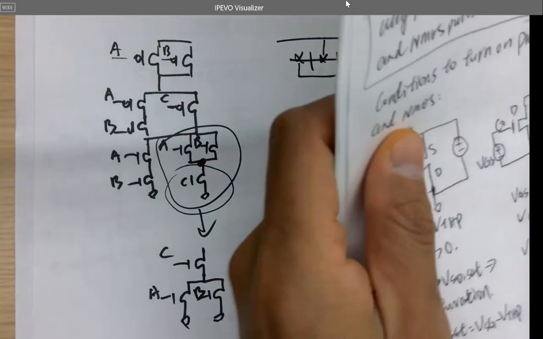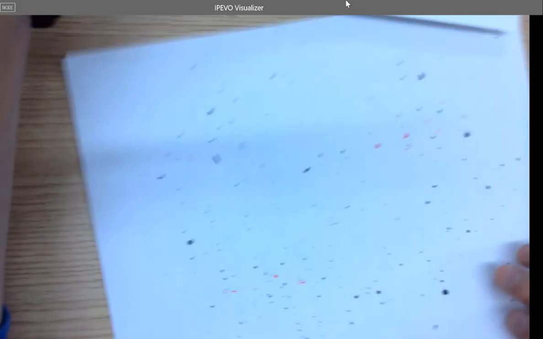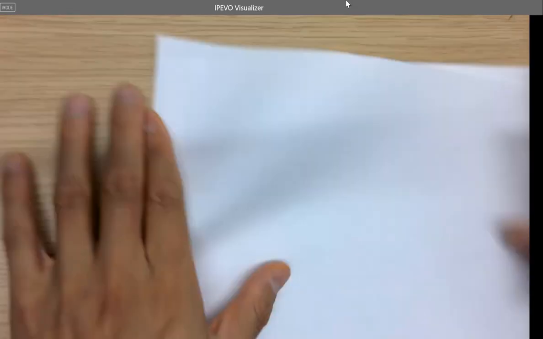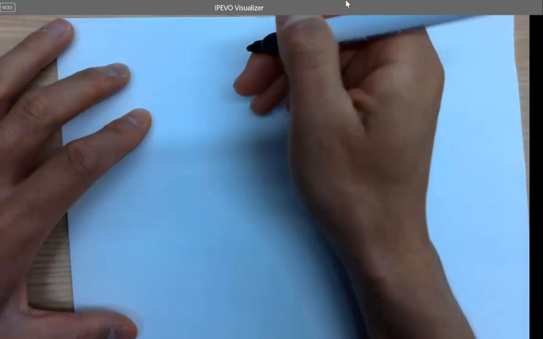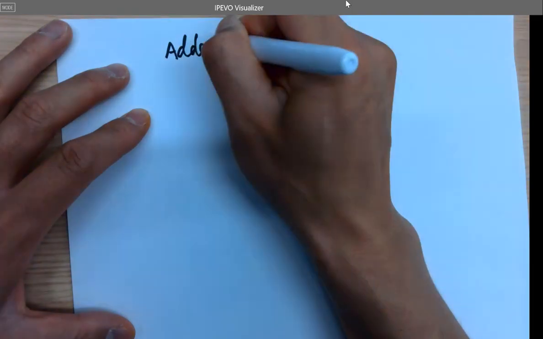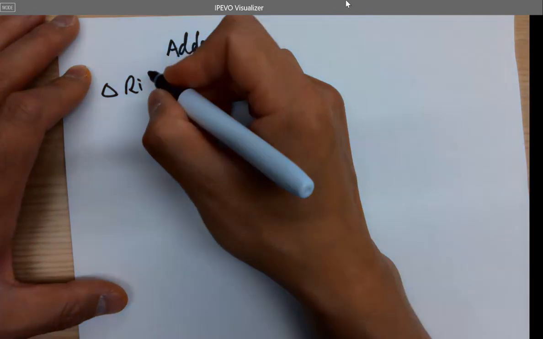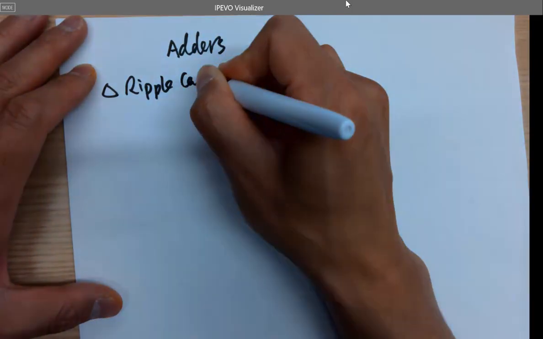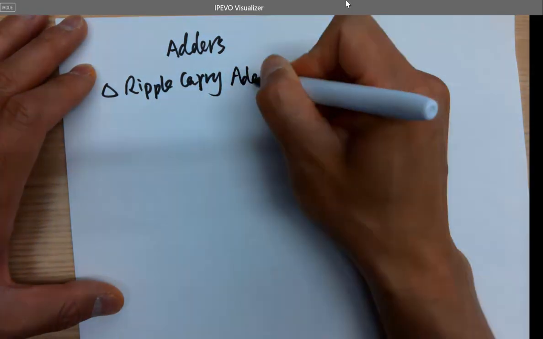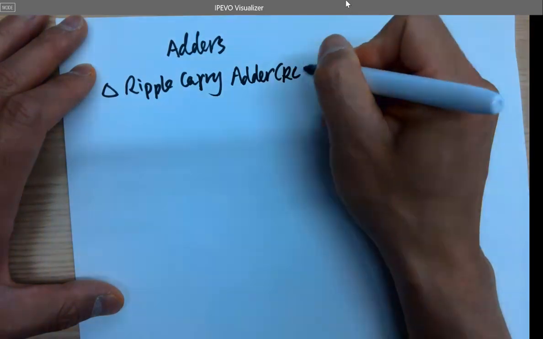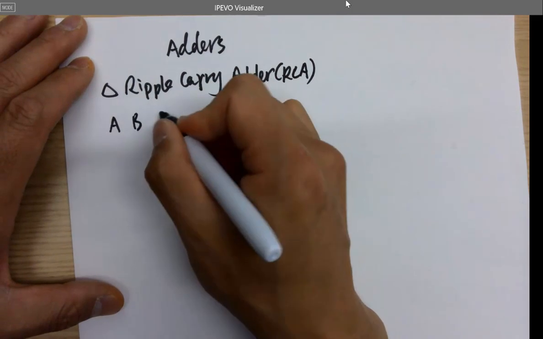Let's look into adders real quick. The first one is called ripple carry adder, RCA, which is the most common one. And the logic is for the full adder, this is the full adder design.